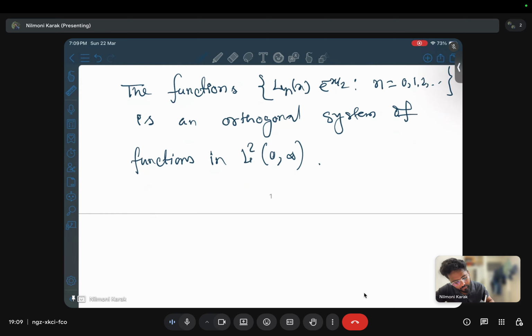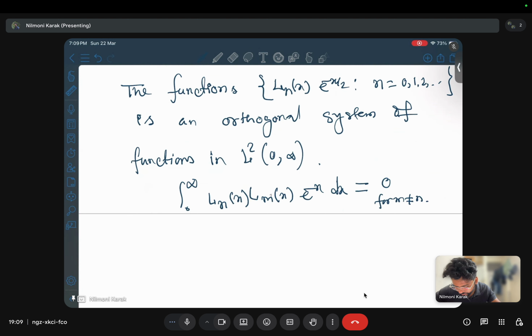That is, we have the integral from 0 to infinity of Ln(x) Lm(x) e to the power minus x dx equals 0 for m not equal to n.